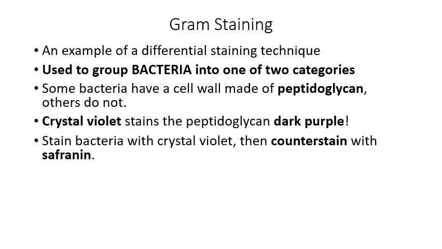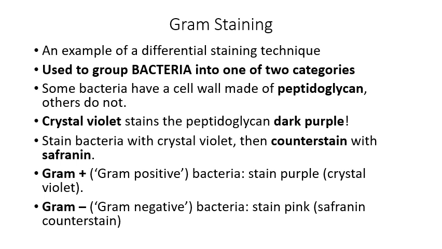The crystal violet dye stains the peptidoglycan dark purple. And then after you've done that, you counterstain the cells with safranin. So if the cells had a peptidoglycan cell wall, they will appear purple when you look at them under the microscope. If they didn't have a peptidoglycan cell wall, they will appear pink because you counterstained them with safranin.